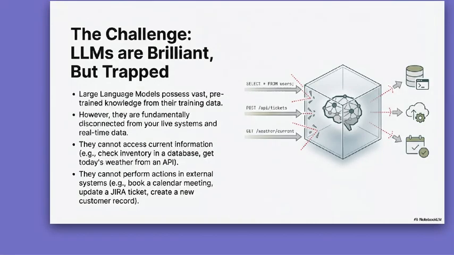Okay, let's unpack this architecture then, and let's start right with the problem itself. Why is this bridge even necessary? Let's jump straight in and tackle that central paradox. LLMs are brilliant, but they're completely isolated. The amount of knowledge inside an LLM is just vast. Yeah. It's all derived from petabytes of data scraped from the internet, from books, public repos. All of it.